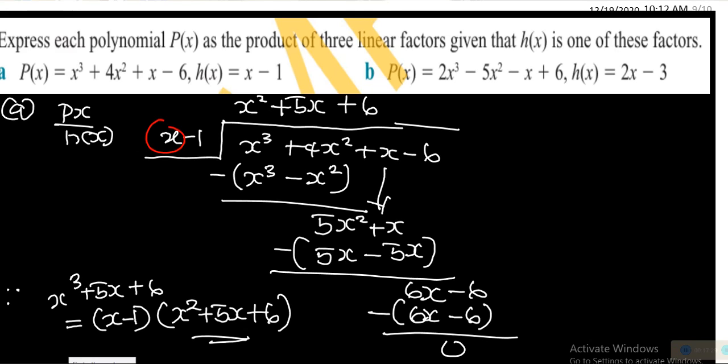P of x in this case is 2x cubed minus 5x squared minus x plus 6. Okay, 2x cubed minus 5x squared minus x plus 6.